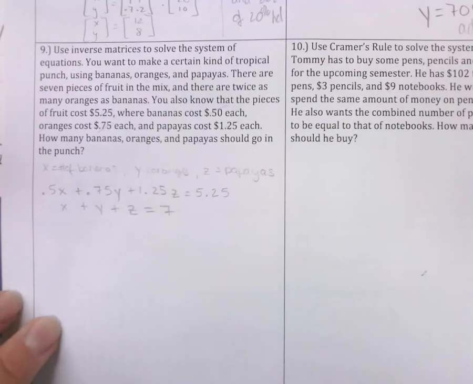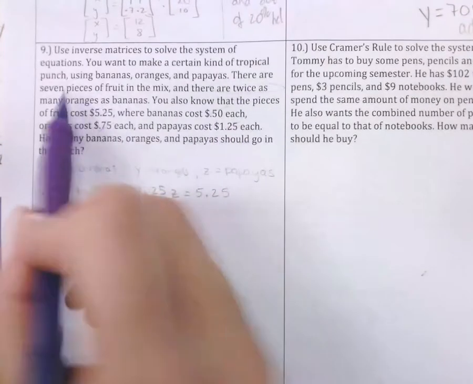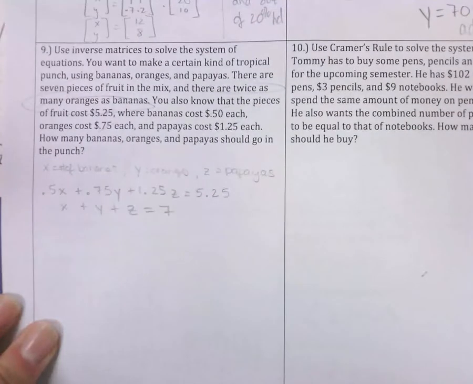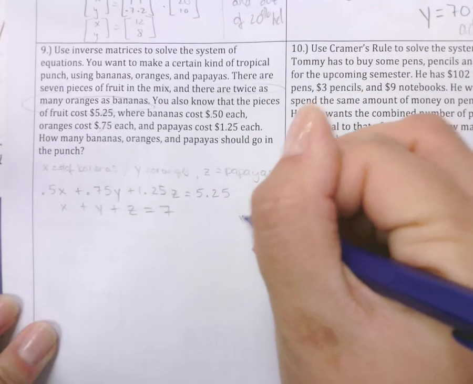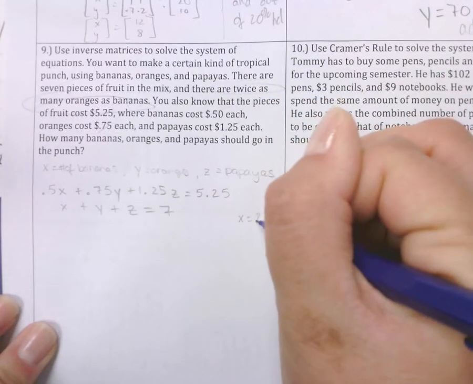Okay, so we dealt with that. What's the last thing? There's twice as many oranges as bananas. So you double the bananas?